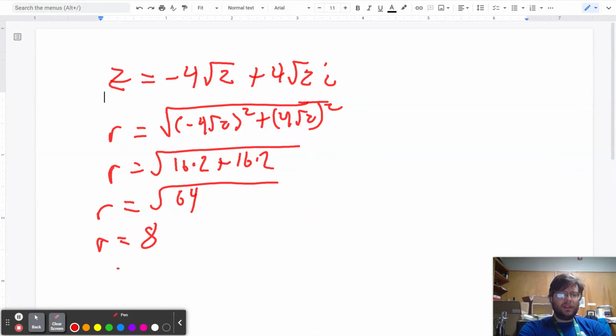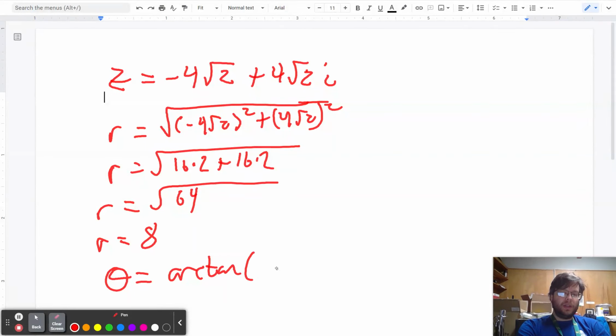And then the theta here, if I did arctan, what I would be doing is the arctan of 4 root 2 over negative 4 root 2, but that's in the wrong quadrant. And so I'm just going to add pi to that.